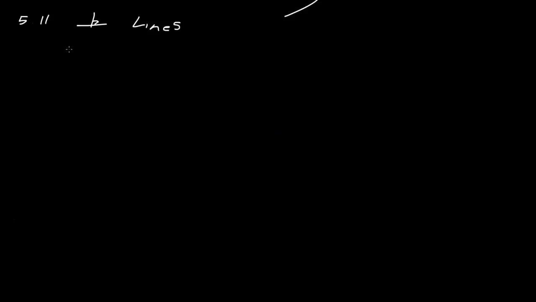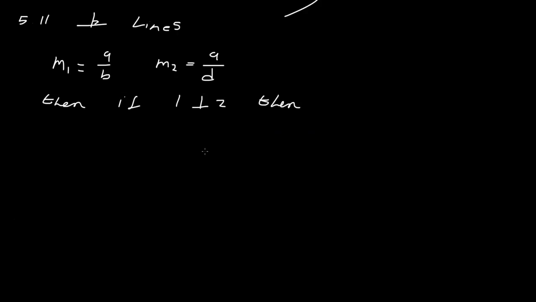So if you have two lines, and m1 is equal to a over b, m2 is equal to a over d, then if the lines are perpendicular, if 1 is perpendicular to 2, then m1 m2 equals negative 1.